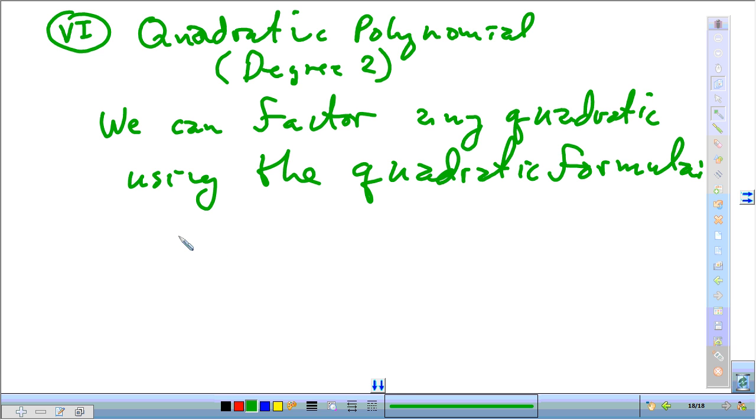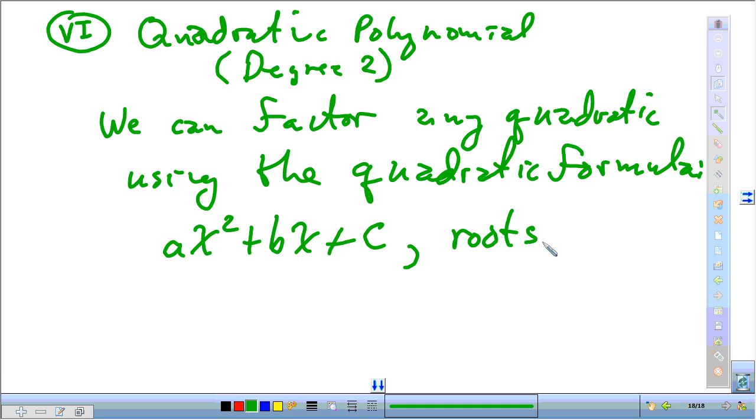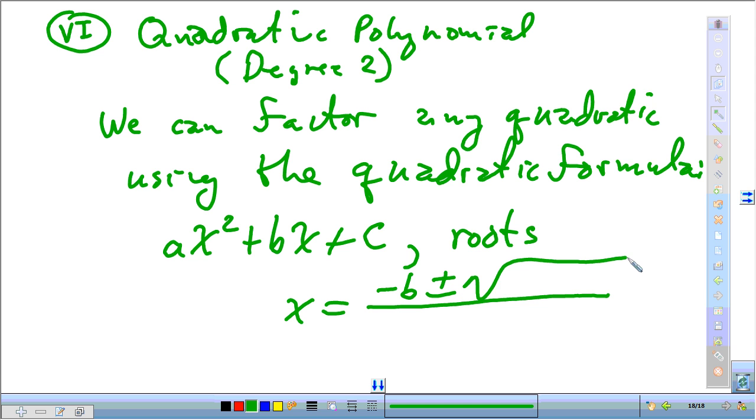So if we take a polynomial ax squared plus bx plus c, so we have coefficients a, b, and c, then the quadratic formula says the roots can be computed as minus b plus or minus a square root of b squared minus 4ac, and take the whole thing and divide by 2a.